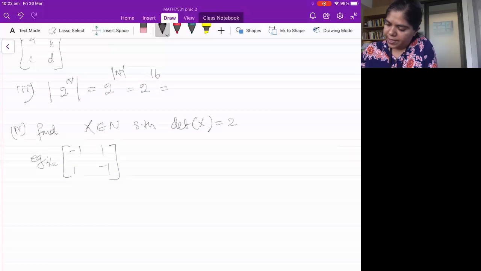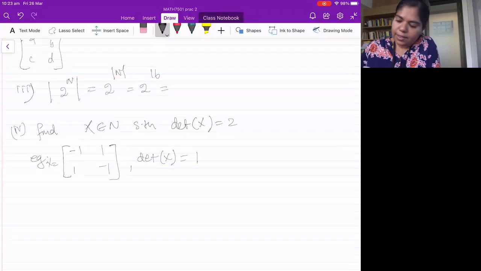If X equals this, what is the determinant of X? -1 times 1. Oh, that doesn't work. The determinant is 2. This doesn't work.